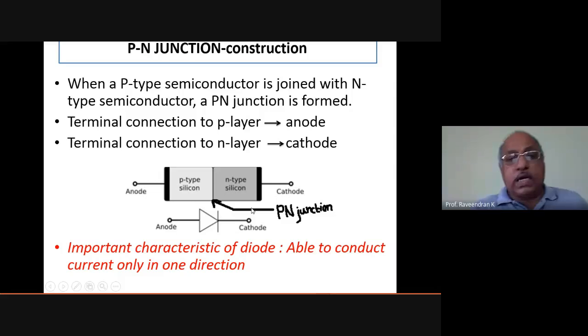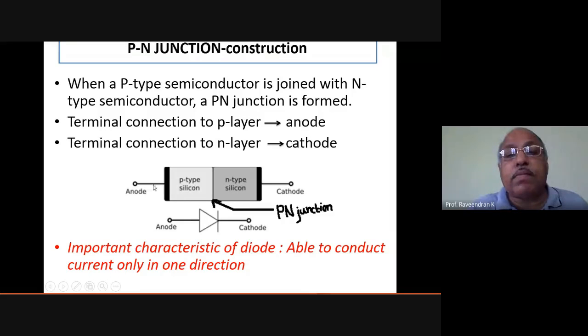What are the important characteristics of a diode? Do you know what the important characteristics are? You might have learned it in high school classes. The PN junction diode can conduct current only in one direction. This junction device can exhibit a particular behavior. What is that behavior?